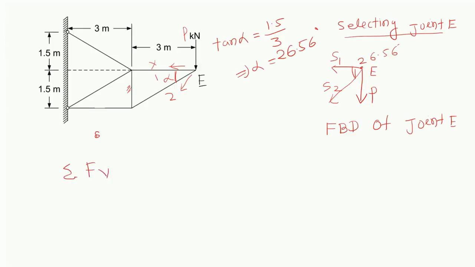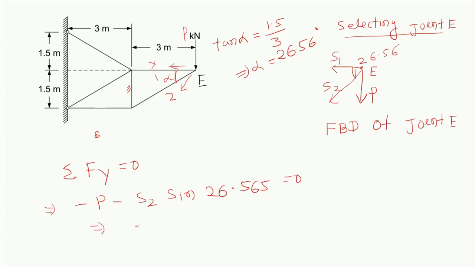Summation of all force along y direction is 0. So what will happen? Minus P minus S2 sine 26.565 is equal to 0.